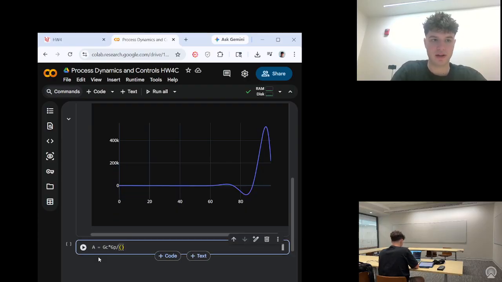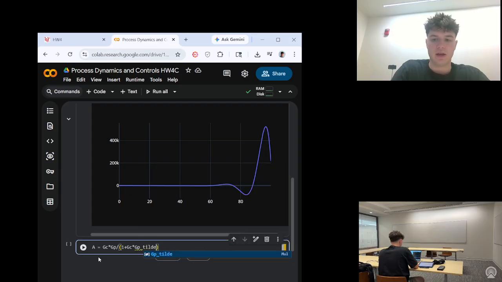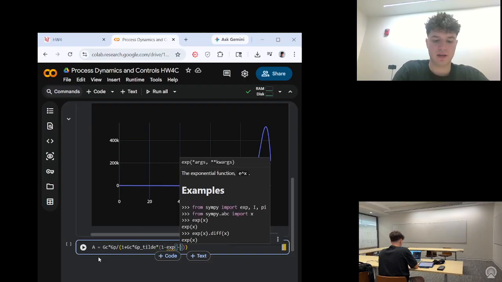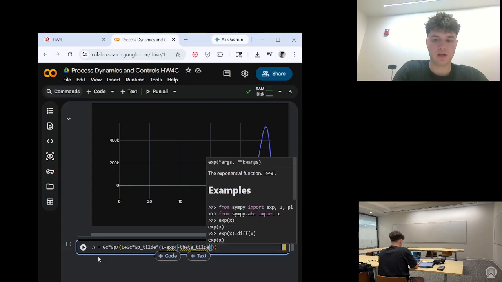This is going to be all divided by 1 plus GC. And again, we're getting all these variables from the equations we derived earlier. 1 minus exp of negative theta underscore tilde times s.